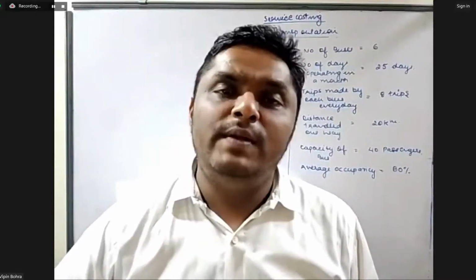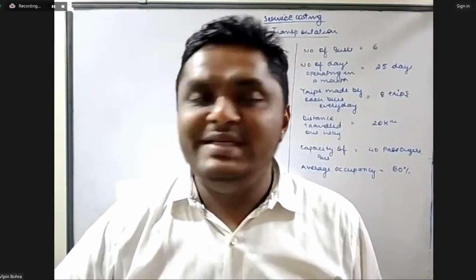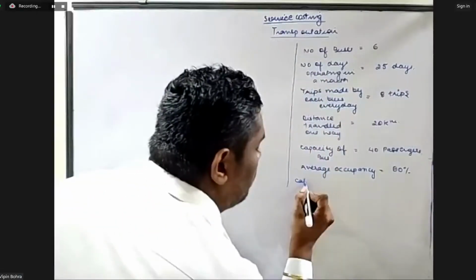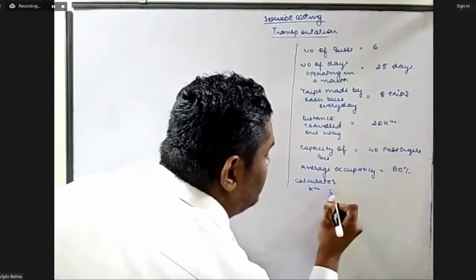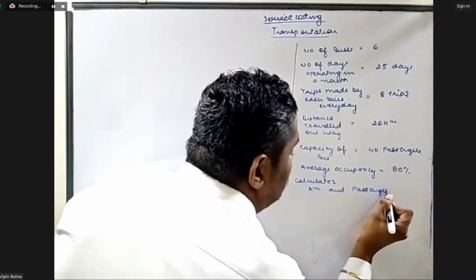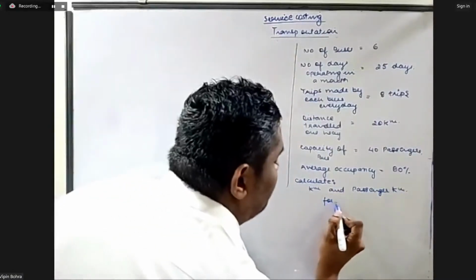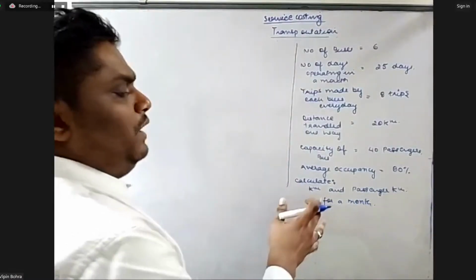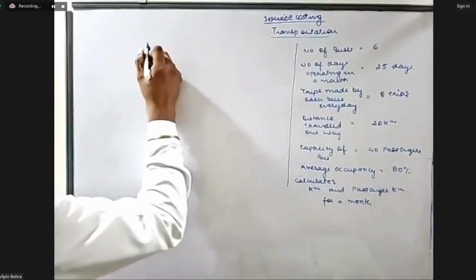The capacity of the bus is 40 passengers, and the normal occupancy is 80%. So now we have to calculate kilometers and passenger kilometers for a month. So let's start, guys.